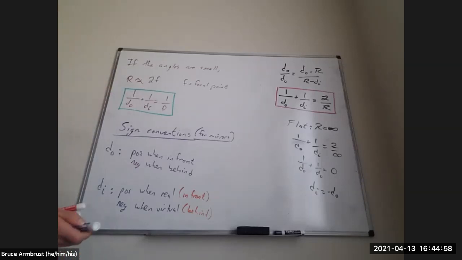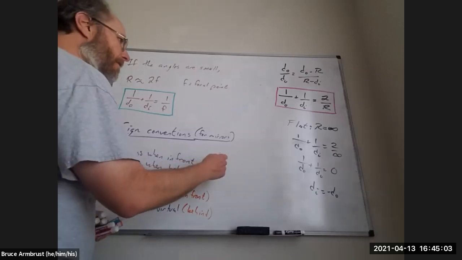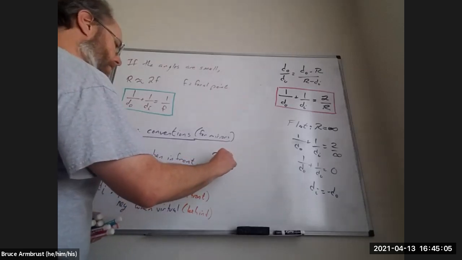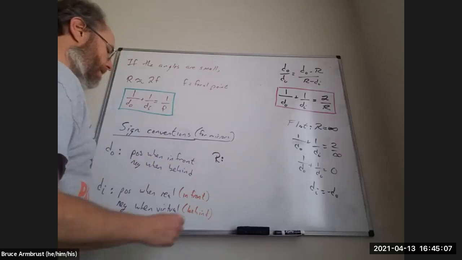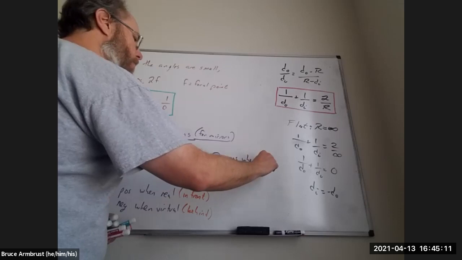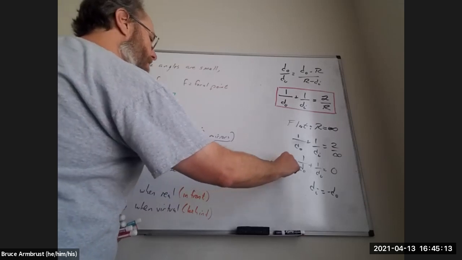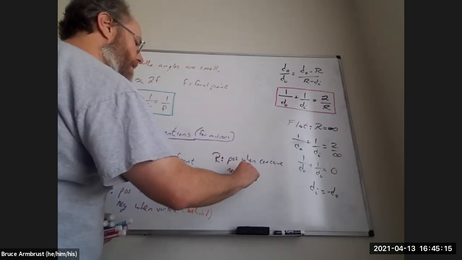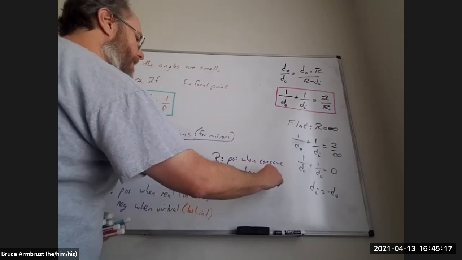All right, so then that leaves R and F. Well, for R, it's going to be positive when concave and negative when convex.